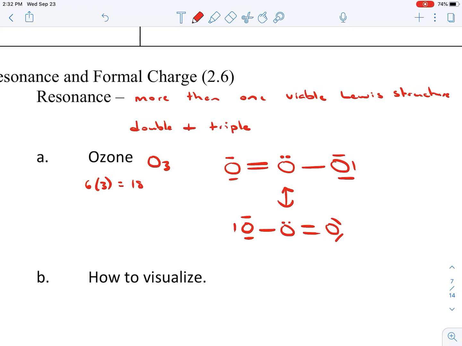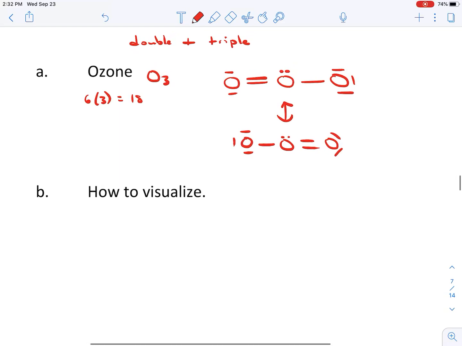And so how we visualize resonance is like a combination of the two. It's kind of like when you put 2 different types of dogs together and they become a hybrid of the 2 dogs, right? The other thing to think of is that these bonds I'm about to highlight are each thought of as a bond and a half, 1.5 bonds, which is a little weird to think about.